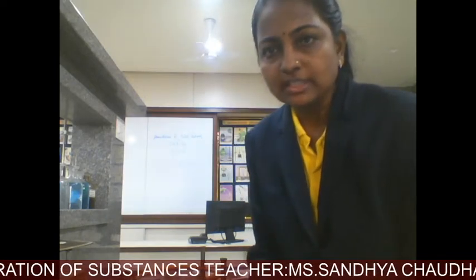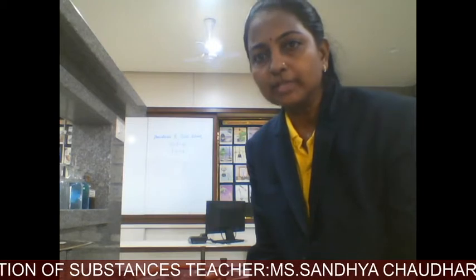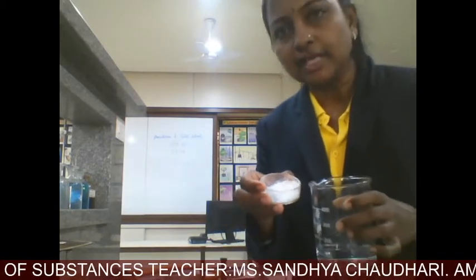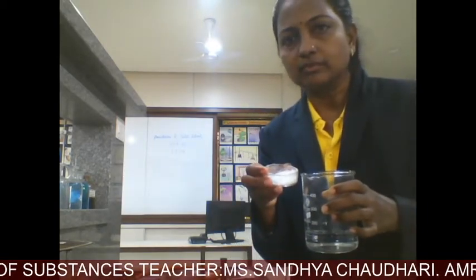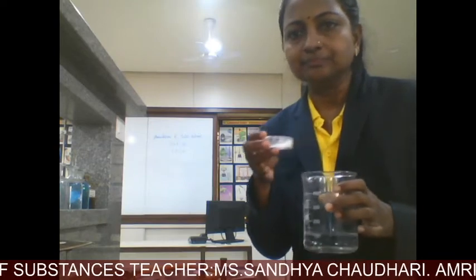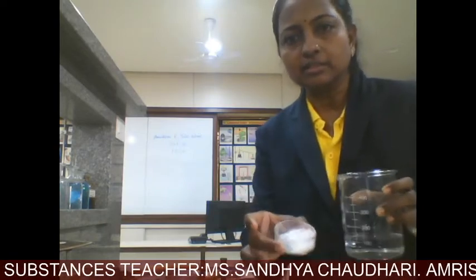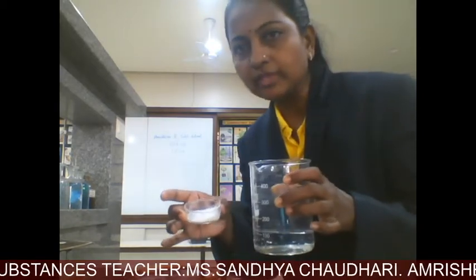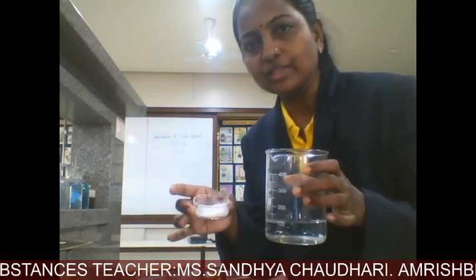So just see all these methods practically, students. First I will show you the loading method. In the loading method, what actually are we doing? We are taking alum crystals, or you can take alum also, and you can tie it on a thread and put it inside the water. Either you can take crystals also. So watch and observe carefully and note down the observation in your notebook.